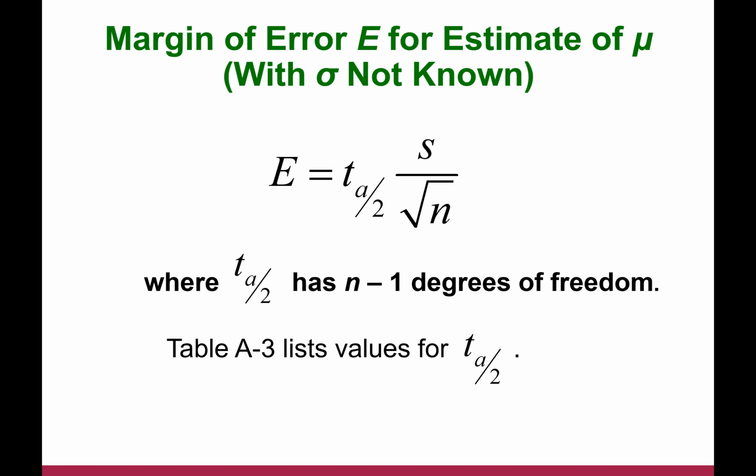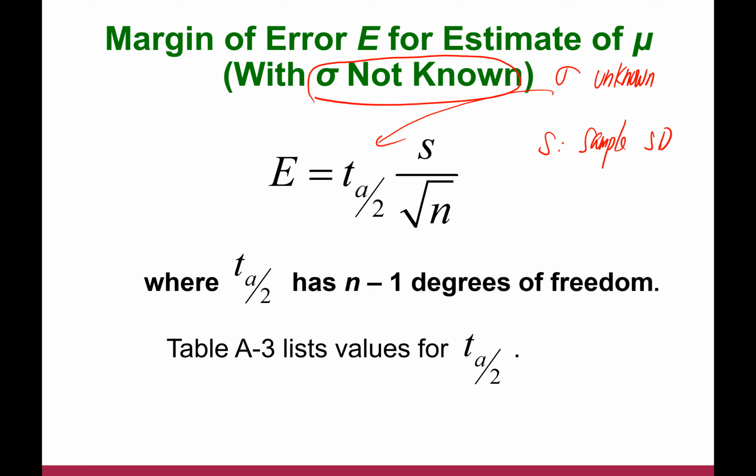Now the margin of error formula for estimating mu when sigma is unknown, and typically we're going to use a critical t value. Okay, so margin of error equals the critical t score, t alpha over 2, times the sample standard deviation over the square root of n, where n represents sample size.